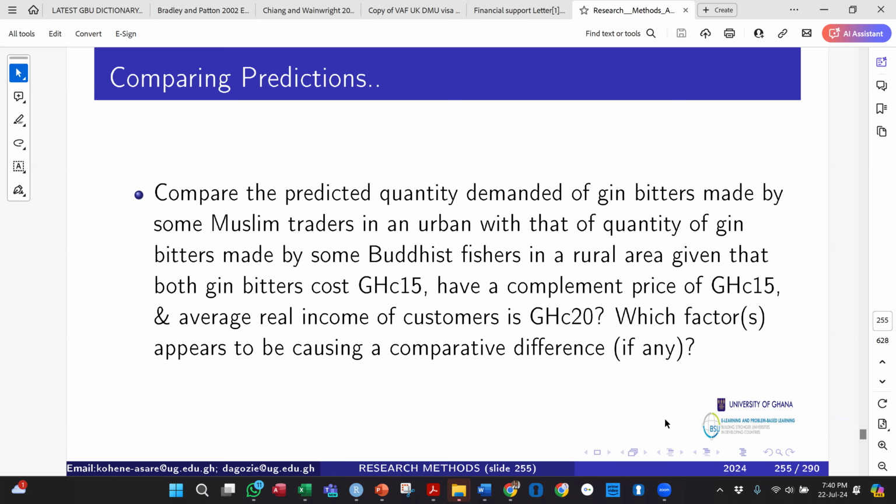So here's a question. We are going to calculate a dependent variable predicted for two scenarios and check which one is better. The question says, compare the predicted quantity demanded of gin bitters. In other words, compare the quantity demanded made by some Muslim traders in an urban area, watch the words carefully, with another quantity demanded made by some Buddhist fishers in a rural town.